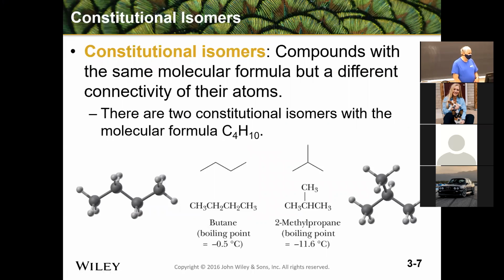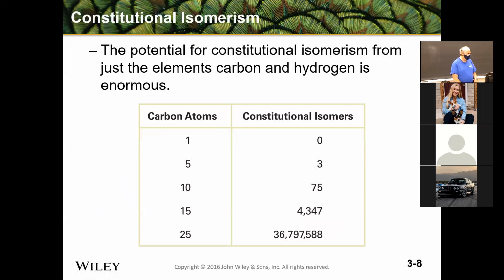Know what constitutional isomers are. They have a different carbon skeleton. Here is butane and isobutane, as it's commonly called, but by IUPAC it's 2-methylpropane. They have a different carbon skeleton. As the number of carbon atoms increases, the number of constitutional isomers goes up very quickly.